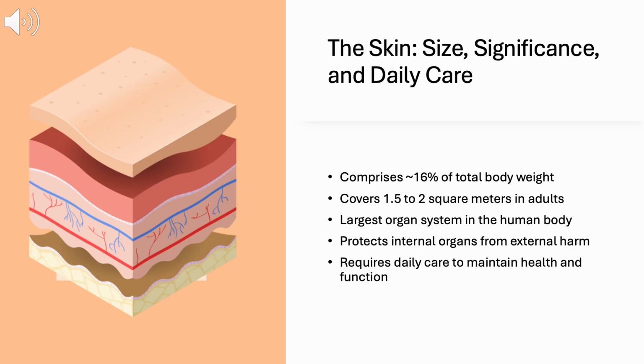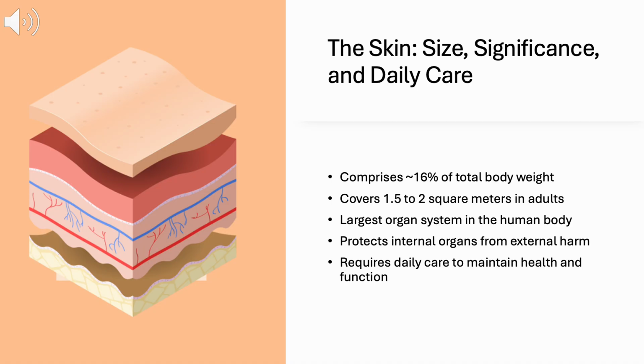Let's take a moment to appreciate just how significant your skin really is. It accounts for about 16% of your total body weight, which makes it the heaviest and most extensive organ system in the body, spanning 1.5 to 2 square meters in area for an average adult. This isn't just a passive covering. It's a highly dynamic barrier that protects your internal organs from environmental hazards, pathogens, UV radiation, and mechanical injuries.